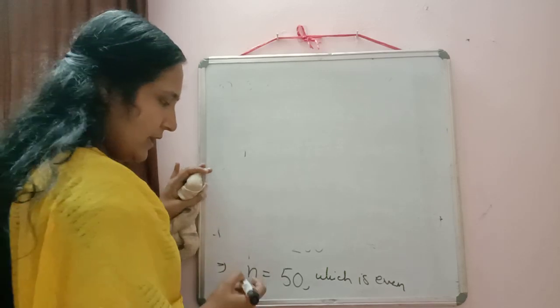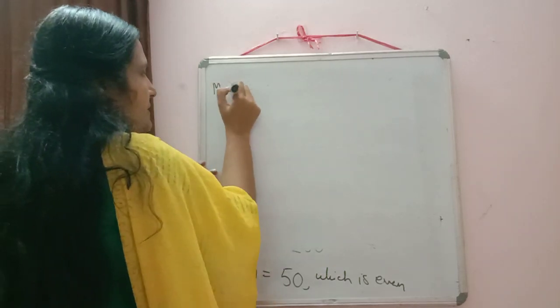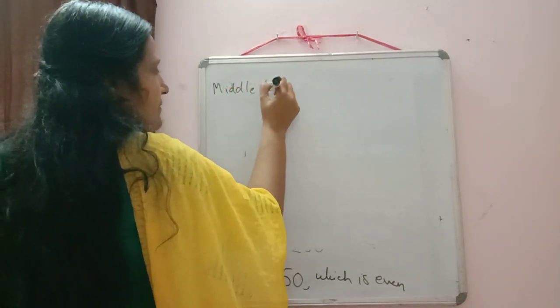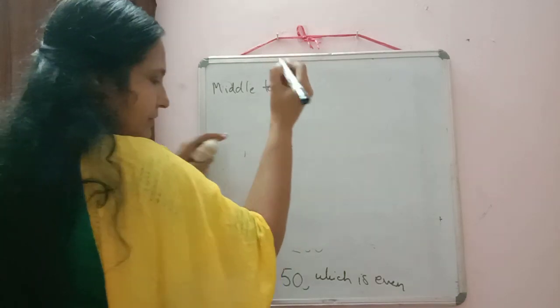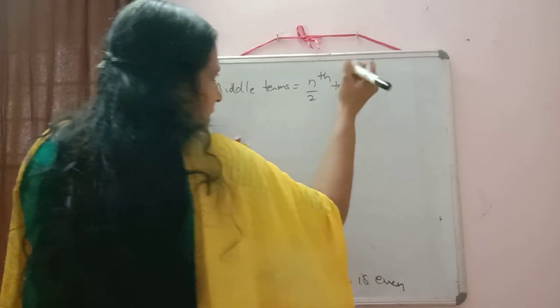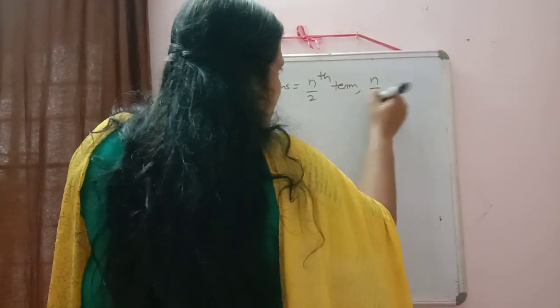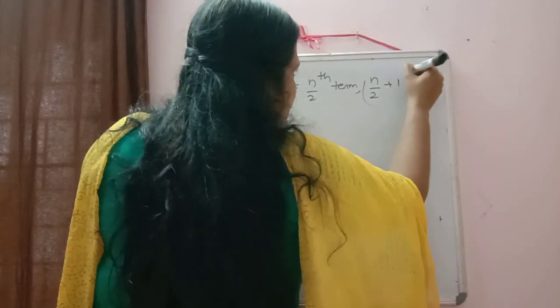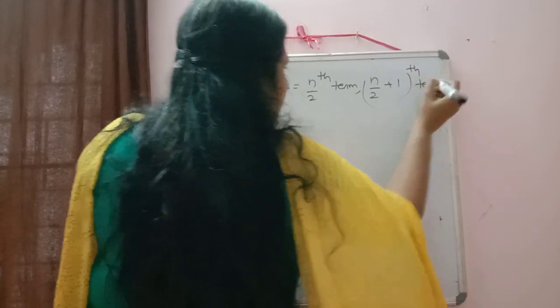For that, the formula: the first middle term will be equal to n by 2th term, and the second one will be equal to (n by 2 plus 1)th term.